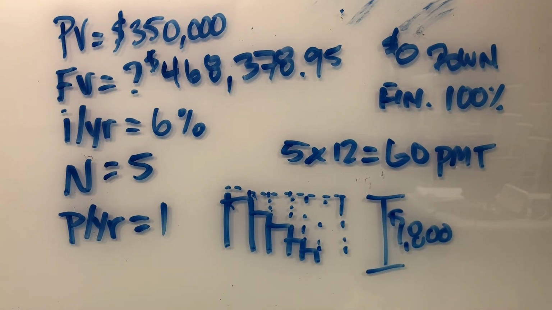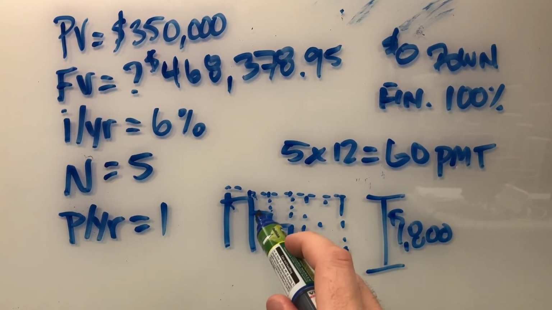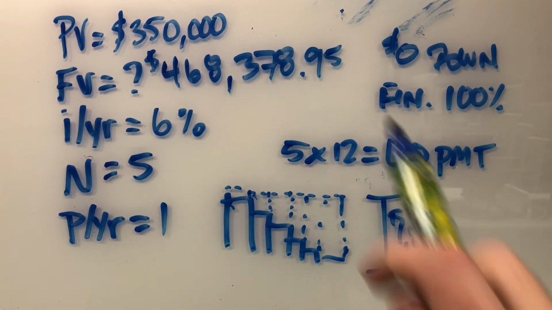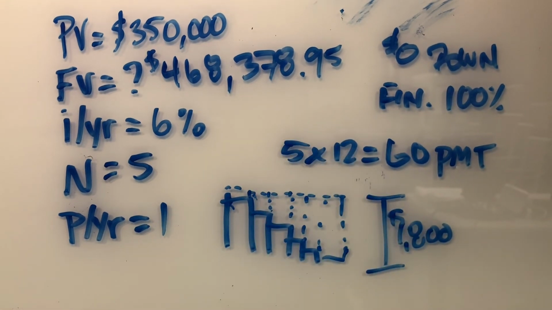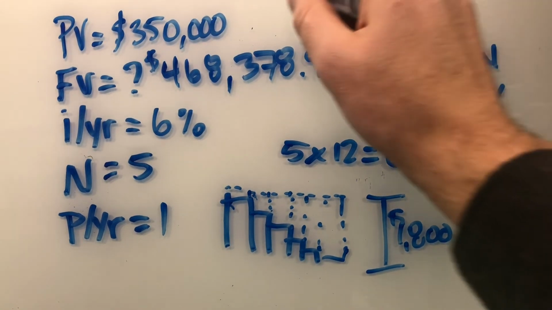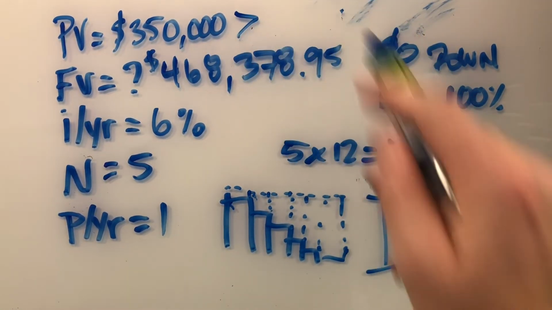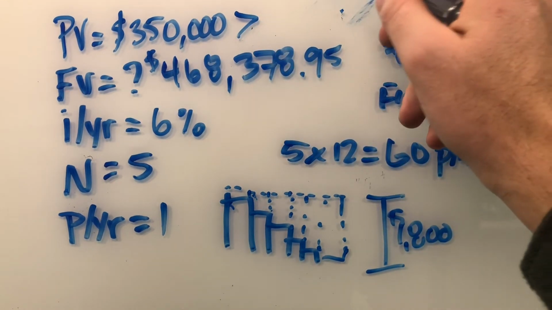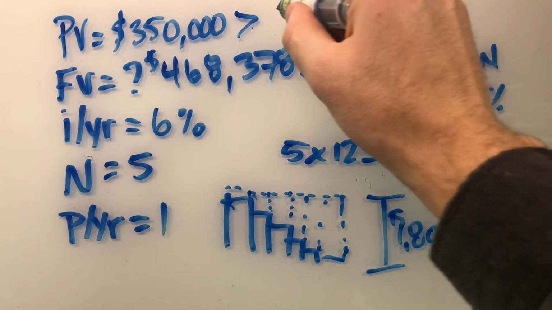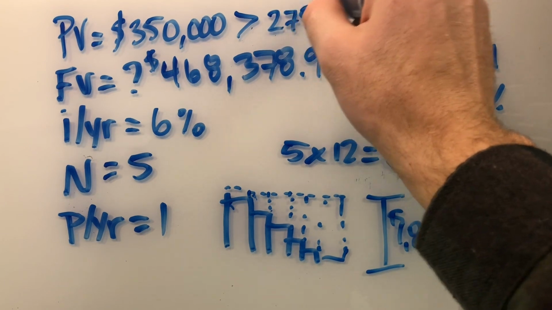So you can see how over the lifetime of the loan, you start to pay more principal than interest. So even though your home value has increased almost $118,000, you've also paid down this balance. So now this balance is less, and let's just assume that you've paid nearly $70,000 off. So let's say 75,000, that puts us at 275.